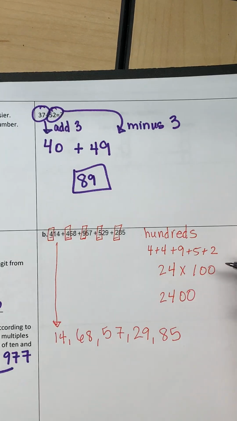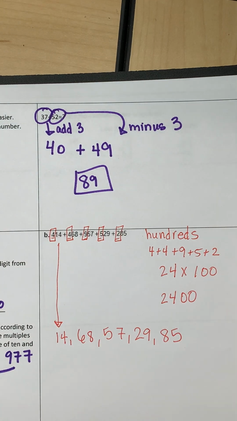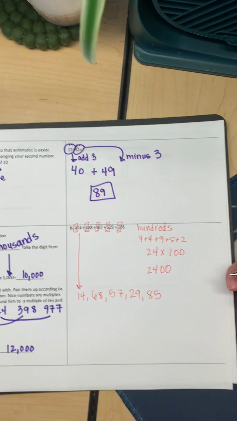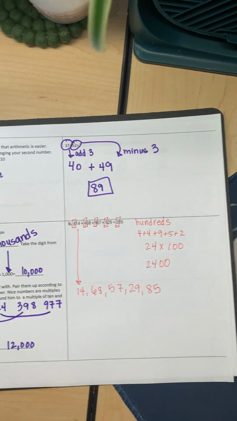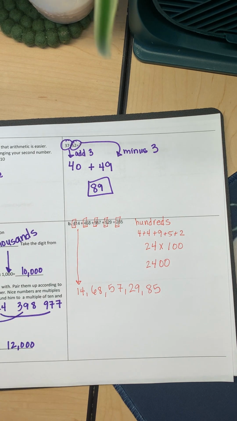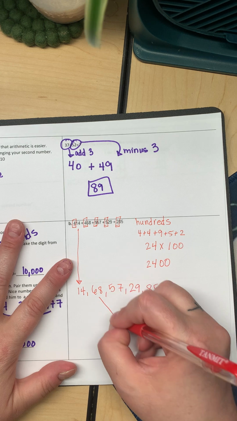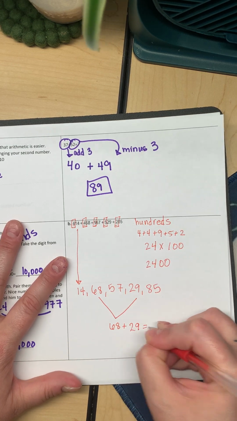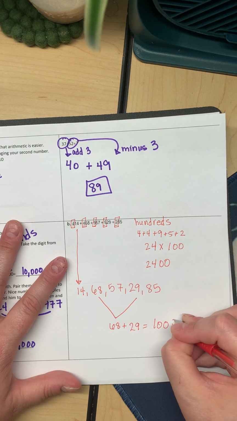Okay, let's try and get these to add up to some kind of a 100. Either 100, 200, 300, 400, 1,000, something like that. But either way, it has to add up to something with some zeros on the end. So let's see here. I think 68 and 29 add up to 100-ish.